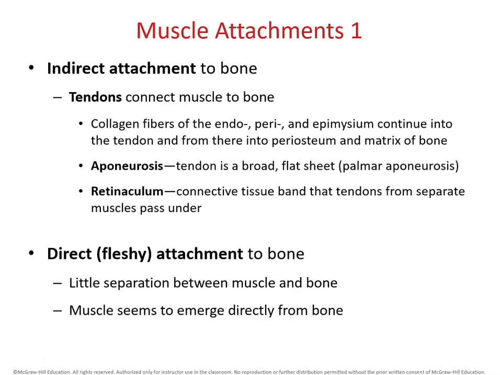Muscles have to attach to bone in order for the muscular system and the skeletal system to work together and provide for skeletal movement. Tendons are the things that directly connect muscle to bone. We use collagen fibers that extend into the endomysium, perimysium, and epimysium, and that allows for attachment to the matrix of the bone.